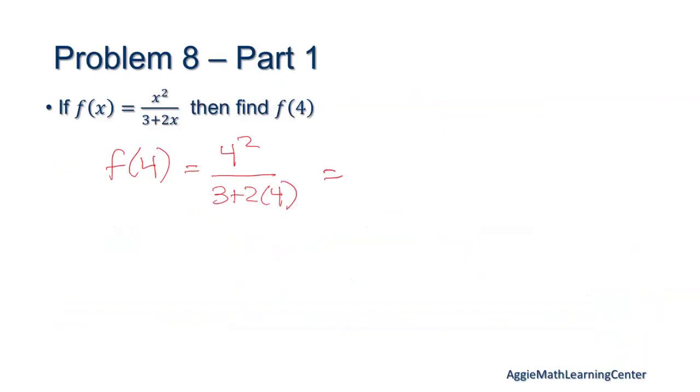And then what is that going to be if we simplify the numerator and then the denominator? 16 over 11. That's because the denominator is 3 plus 8. We can't simplify that anymore. So f of 4 equals 16 over 11.